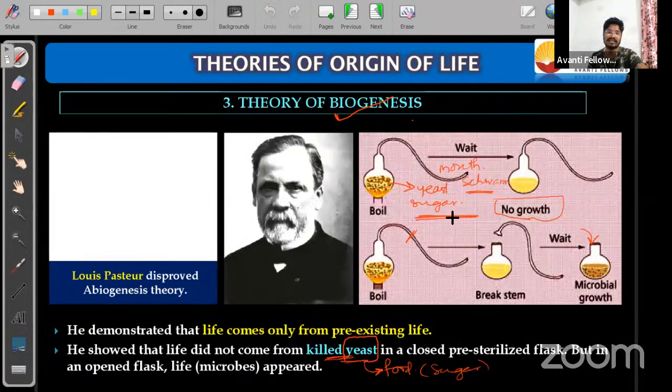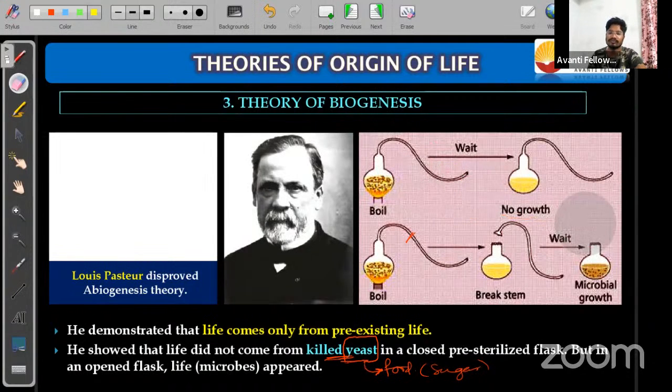Here you can see the experiment that was conducted by Louis Pasteur.